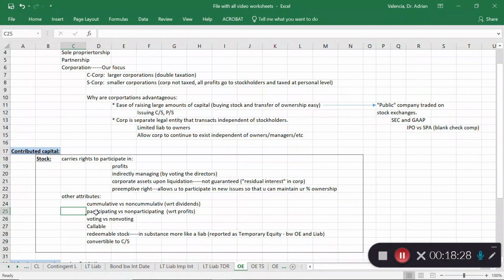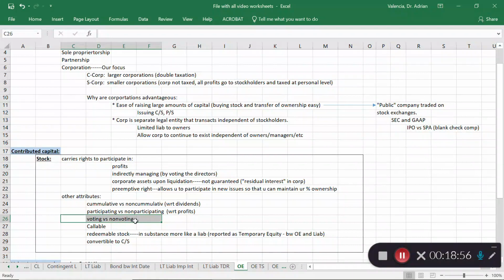Another thing that may be related to preferred stock or even some types of common stock is whether it's actually, I meant for voting. Let's talk about voting since I mentioned that. Okay, so some types of certificates have voting rights and others don't. So depending on how the corporation or the current owners want to raise capital, they could issue voting versus non-voting stock.